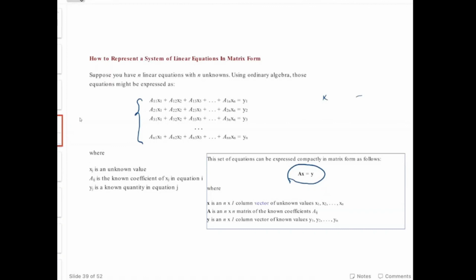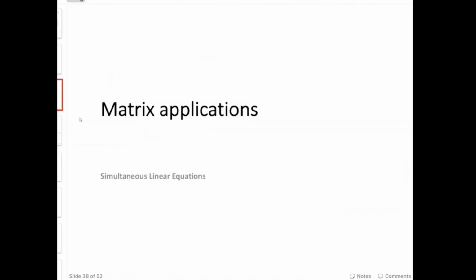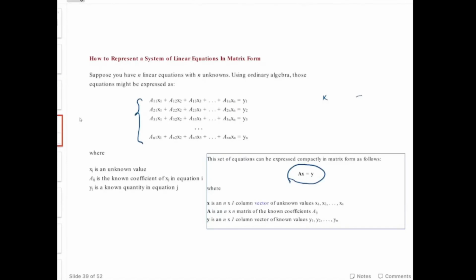One of the areas where we can apply matrices is the solution of simultaneous linear equations. The problem of simultaneous linear equations is usually given as a set of equations with multiple unknowns. In this case, x1 up to xn are the unknowns, and we know the coefficients of those unknowns.